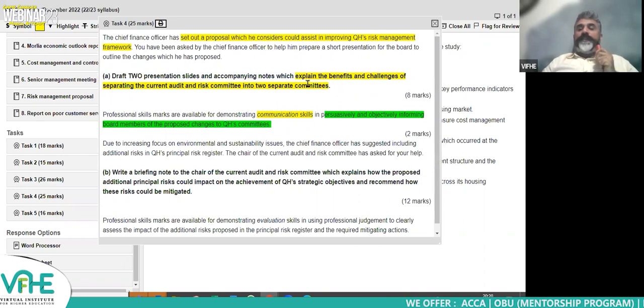So we have to talk about benefits and challenges. Can I do 2.5 benefits and 2.5 challenges? No, not possible. So what do we do? It depends on the proposal.